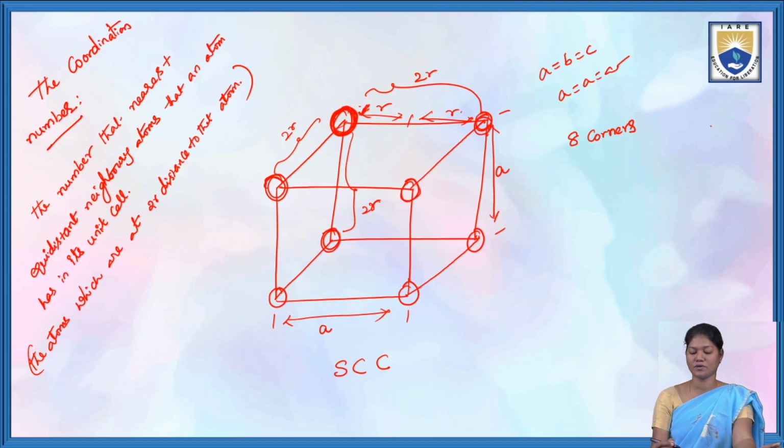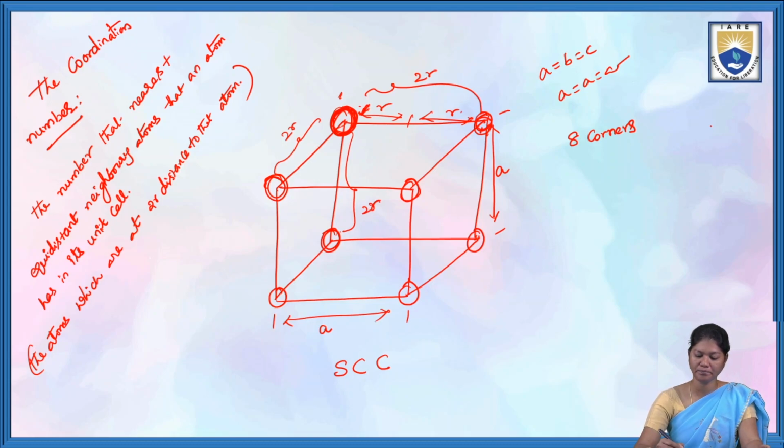To visualize, we are seeing 3 nearest equidistant neighboring atoms to this particular atom. But inwardly, there are 3 more atoms at a nearest equidistant place.